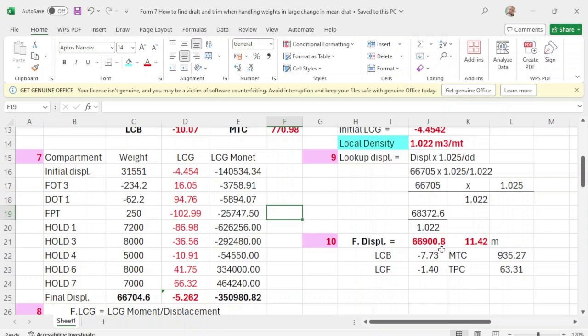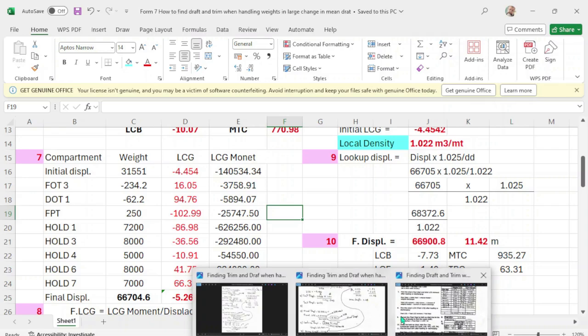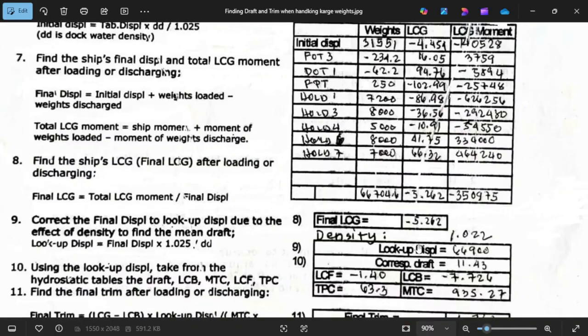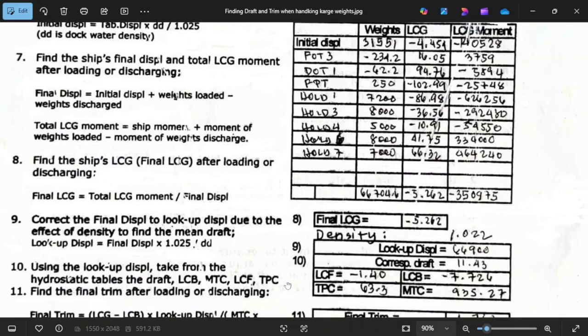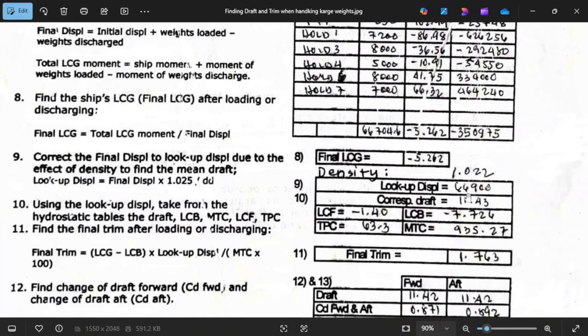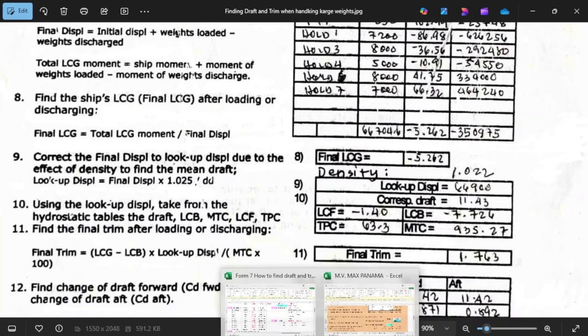Your final displacement will be 66900.8. And that corresponding draft will be 11.42. Okay, 11.42. So what we have here, that will be number 9. Number 9, look up displacement is 66900.8, which is this one.